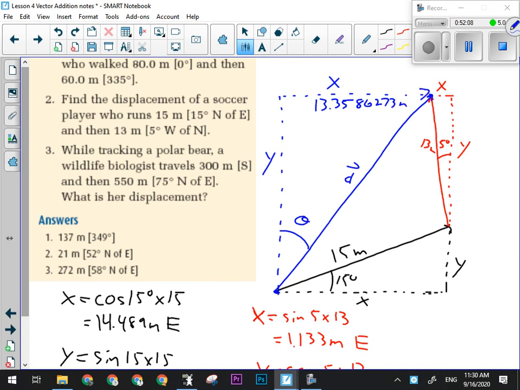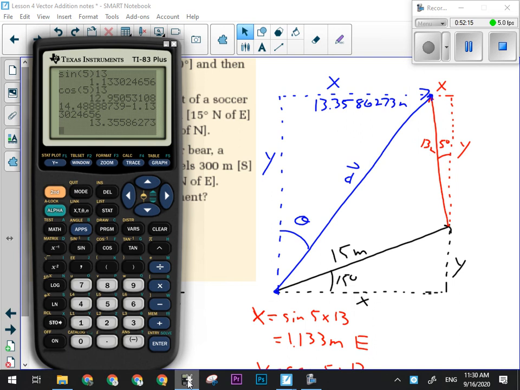Then for y, the two y's are both north, so I can add them together. So we'll have, oh, I lost one of them. The 12.9 plus sine of 15 times 15.